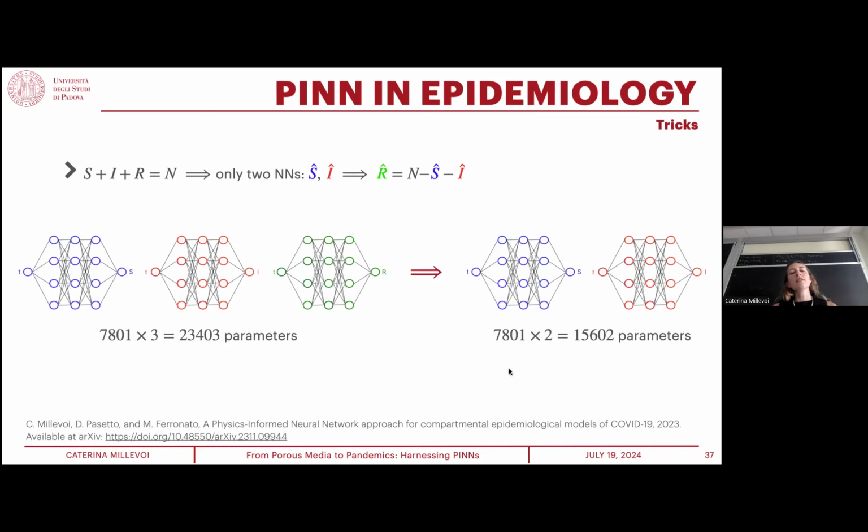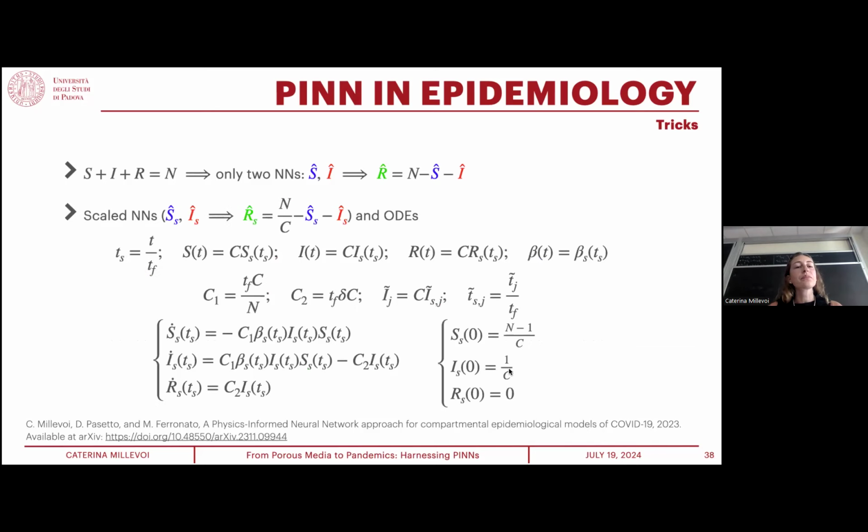So just a few comments on this. Actually, we supposed that the number of deaths was negligible with respect to the total population, and this allowed us to reduce the number of unknowns from 3 to 2, and thus correspondingly reduce the number of parameters to be tuned.